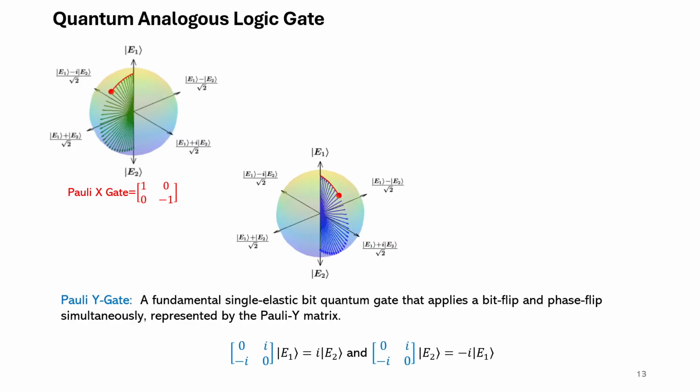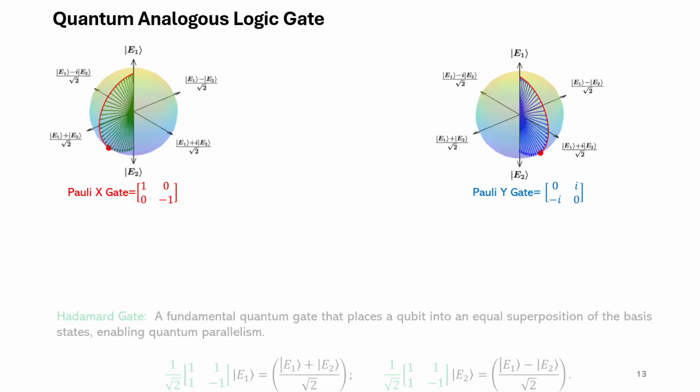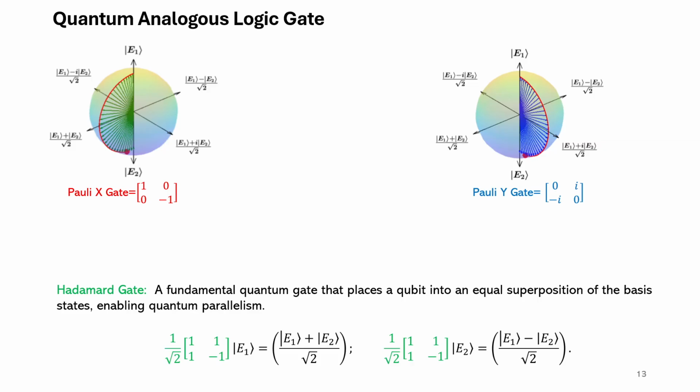And we have the Hadamard gate, a fundamental gate that places a qubit into an equal superposition of the basis states. It takes the pure state and moves it to a linear superposition of states, and vice versa.